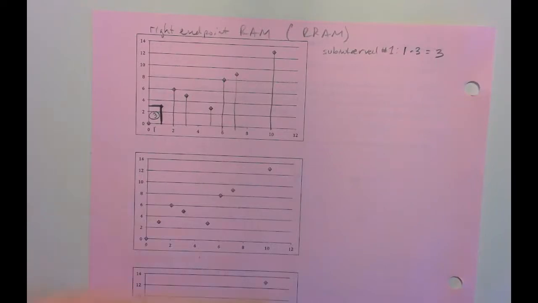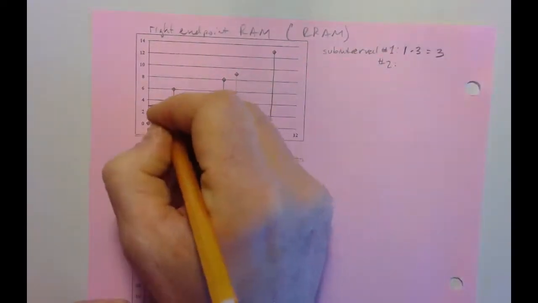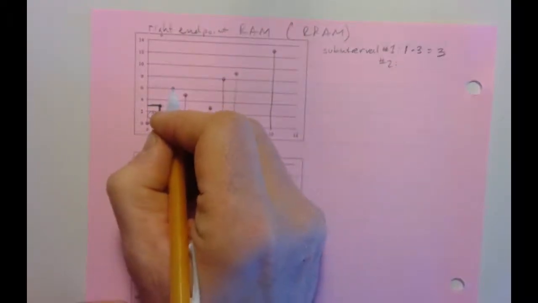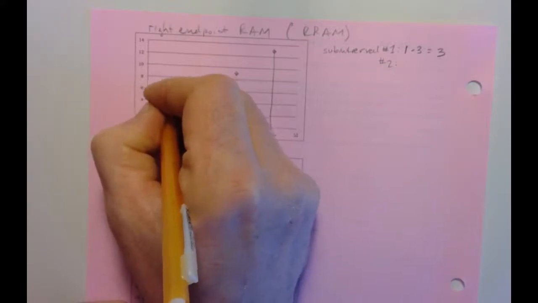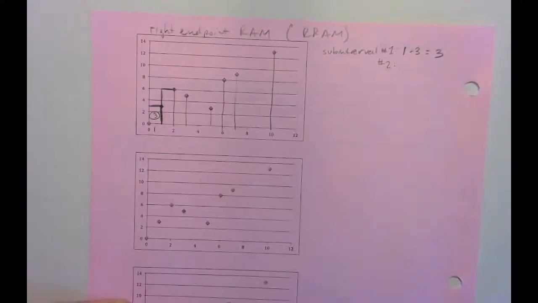For subinterval number 2, if we are assuming that we're traveling at the right endpoint velocity, that means we are traveling at 6 feet per second throughout the entire subinterval. I'm going to have to extend this up here, so it's above, just like that.